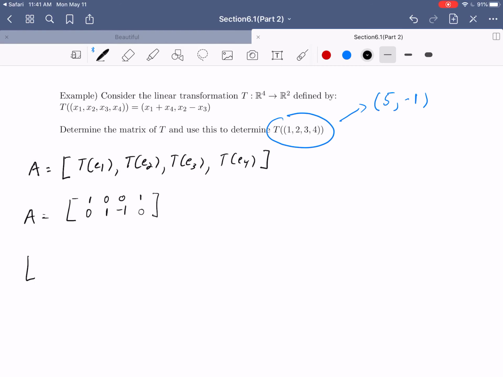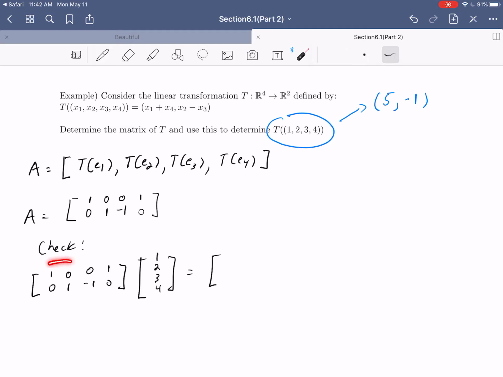So, as a check here, if we take 1, 0, 0, 1, 0, minus 1, 1, 0, and we multiply by this as our input, treating it again as a column vector, 1, 2, 3, 4, let's see what we end up getting. We take this row times this column. That's going to be 1 and then 0 and 0 and 4. 1 and 4 is going to give us 5.